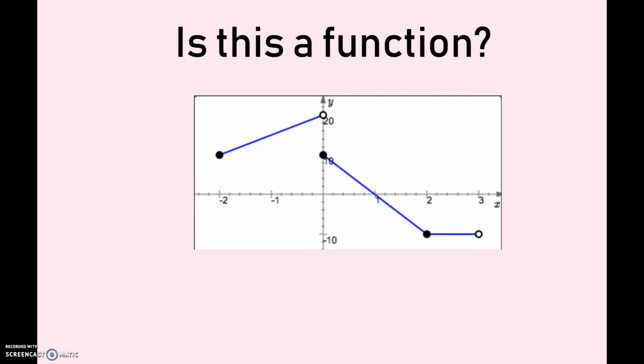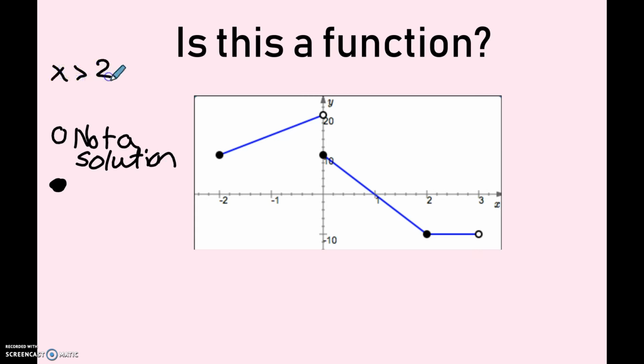So this graph is a little bit of a challenge because we need to remember what an open circle versus a closed circle means. An open circle means that it's not a solution. And you might have seen that when you graphed, for example, the inequality x is greater than 2.